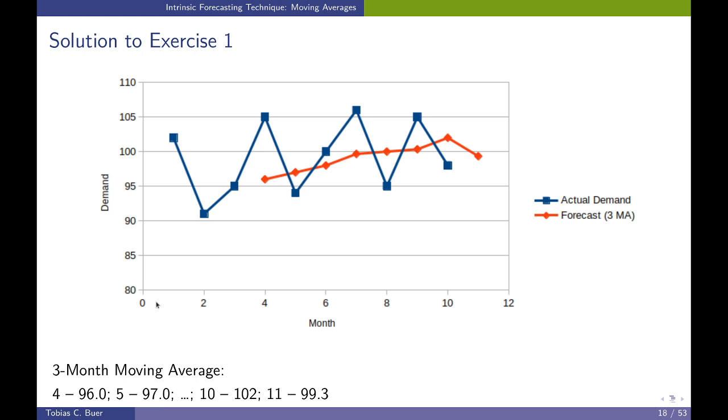You can see that the forecast, drawn in red, also reflects this and is going slightly up, and this average demand that we forecasted is much more stable. And you also see it's somehow between the high demand and the low demand, so it seems to be a useful approximation to this situation.